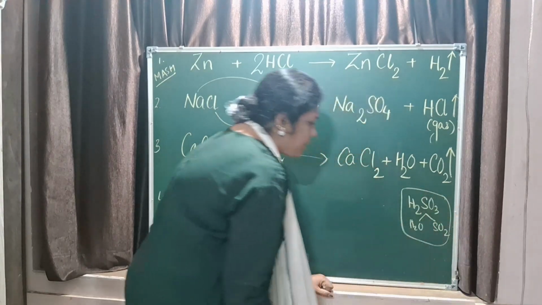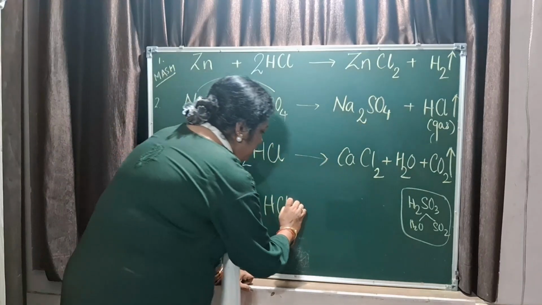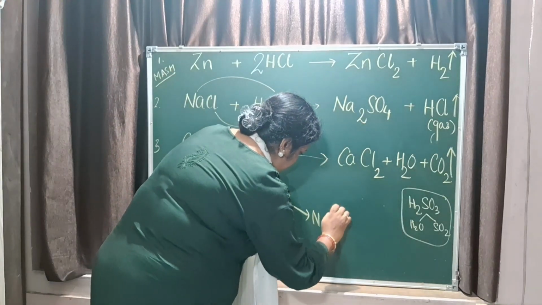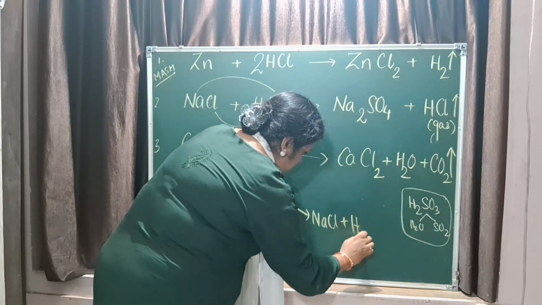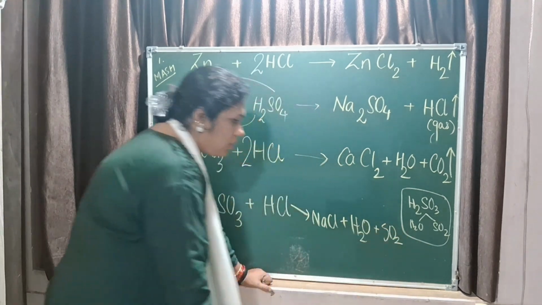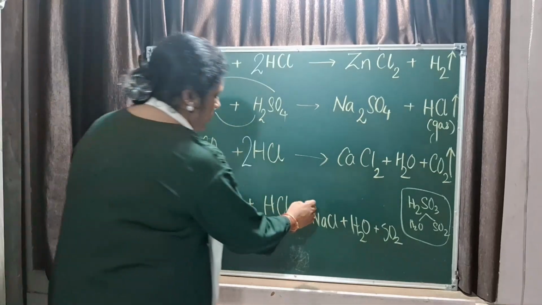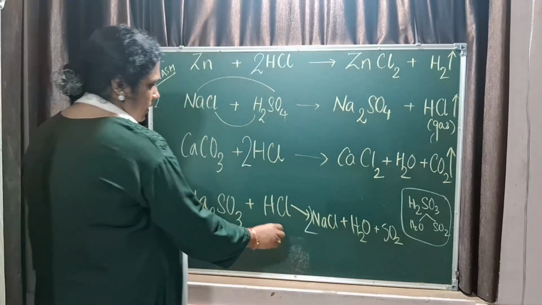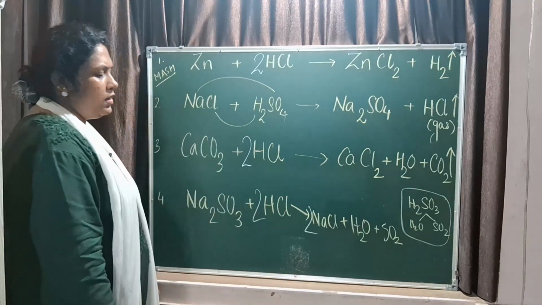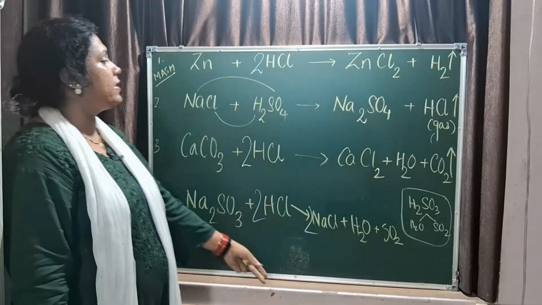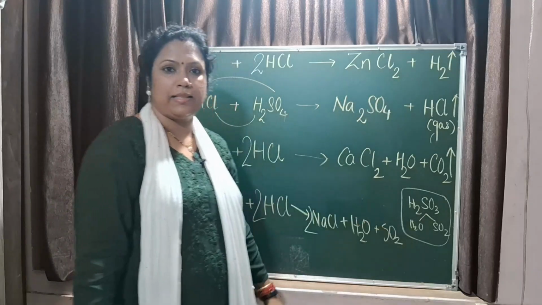Remember this, okay. So what will be the outcome here? My reaction, it will be NaCl plus H2O plus SO2, okay. Now Na2 is there, so you have to balance it. This is 2 and this is 2. This is your balanced chemical equation. Understood? And this is also an example of evolution of gases.